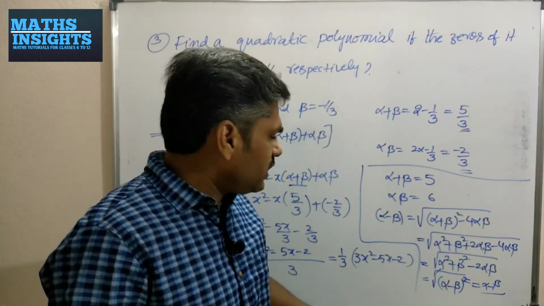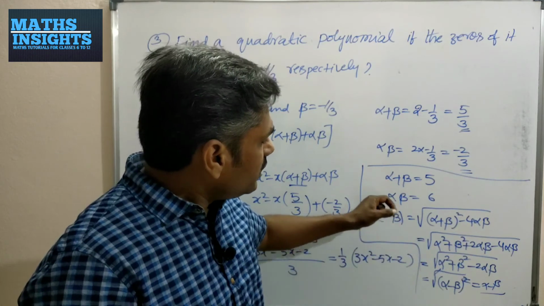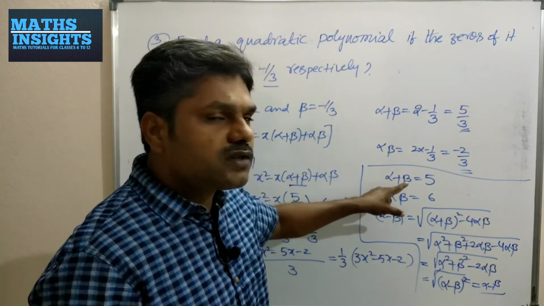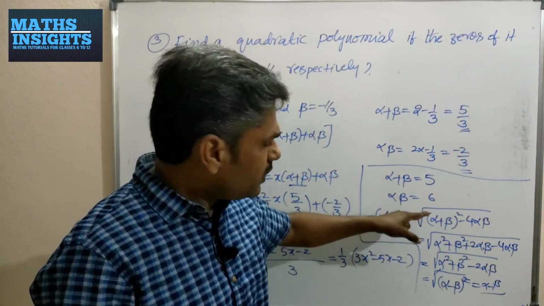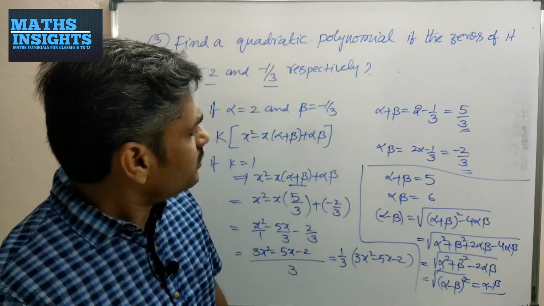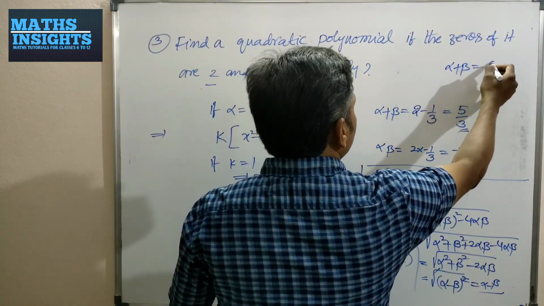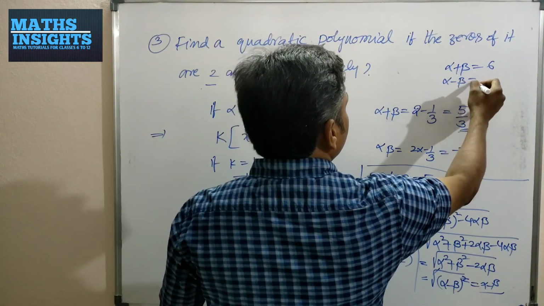What I am going to say is that the alpha minus beta value can be calculated if you know the sum of alpha and beta and the product, by using this formula. After finding alpha minus beta, you may add the two. Suppose alpha plus beta is equal to 6 and alpha minus beta is equal to 5.